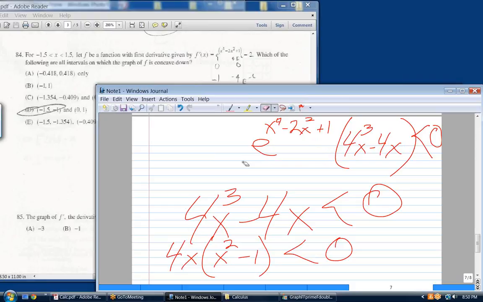That's going to be very tricky. But since I know that this part of it has to be positive, then the only part that I'm looking to be negative is this part here. And I set that less than 0 and solve it.